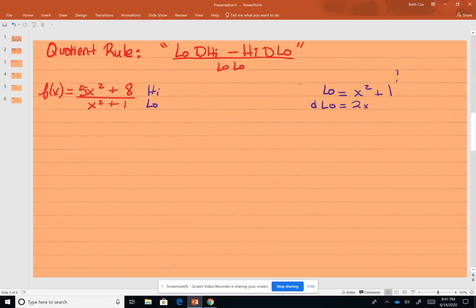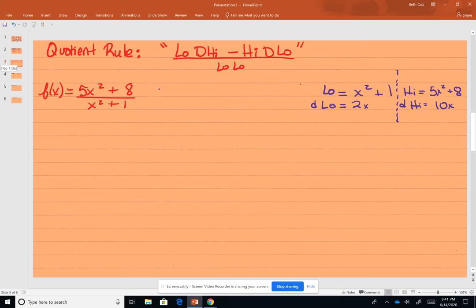Your high function, or your numerator, is 5x squared plus 8. And the derivative of the high function is 10x. Should be a better looking 8. There we go.